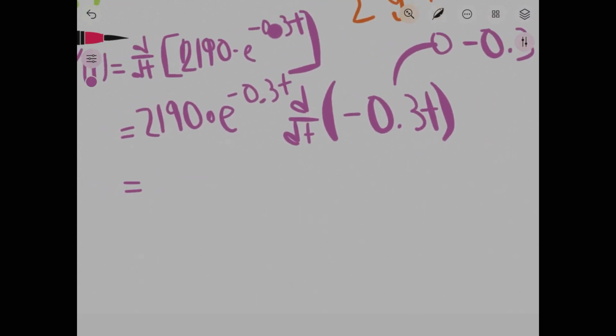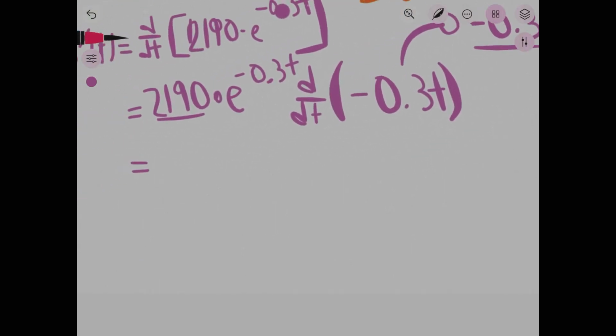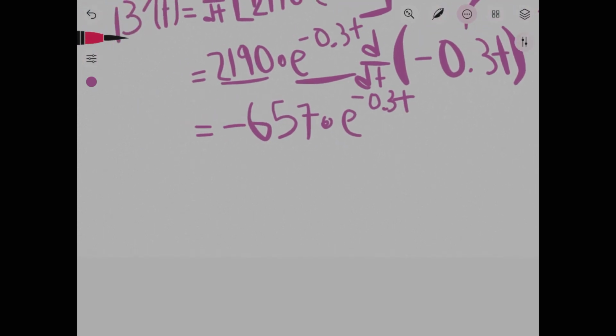We will multiply this number times this number in order for us to get the negative 657 times what we have already here, which is the e to the power of negative 0.3 t.